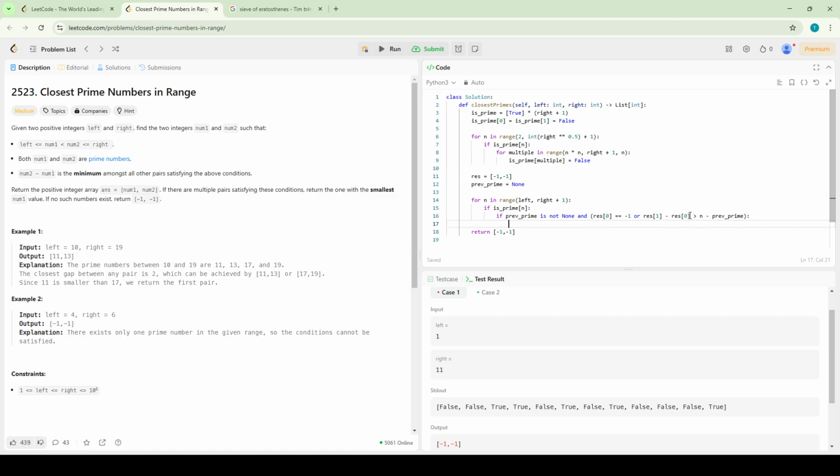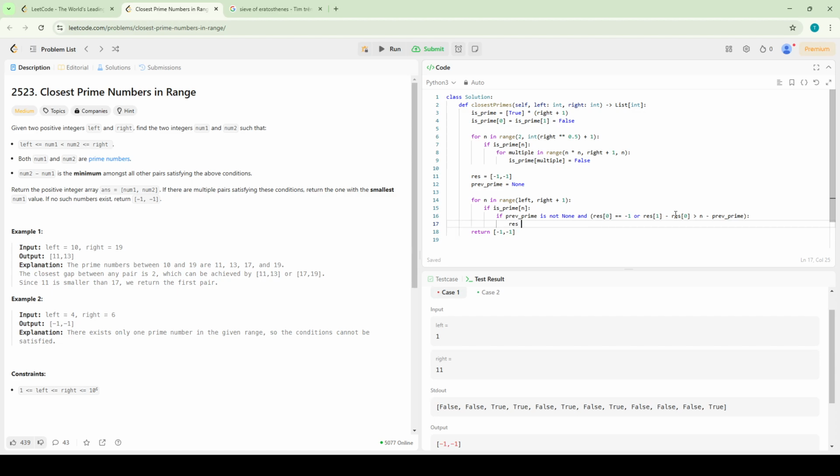If this is larger than our current candidate, then we will update it. Since the result is by default set to -1, -1, then res 1 minus res 0 would already be 0, so we need to handle this. Basically, if result is not set, or res 1 minus res 0 is larger than our current candidate, then we update it, right?